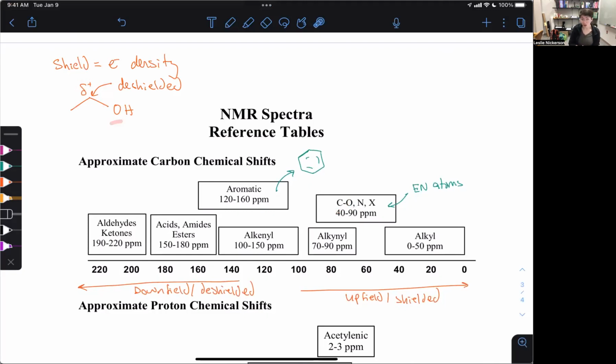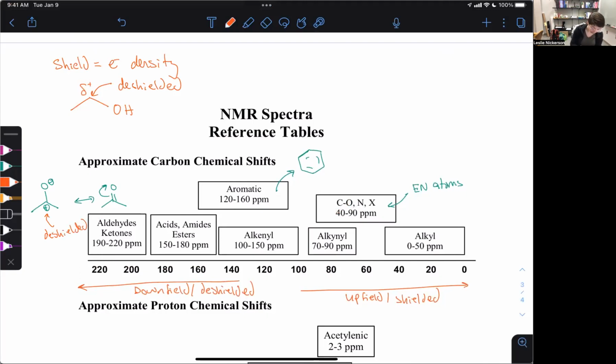Stuff that's next to oxygen, stuff that's on oxygen, any type of carbonyl. Those carbonyl carbons are incredibly deshielded because, again, our good friend resonance. This guy is super deshielded.